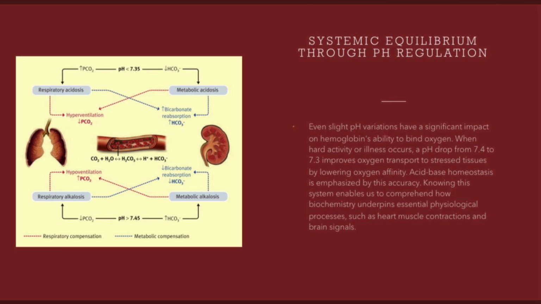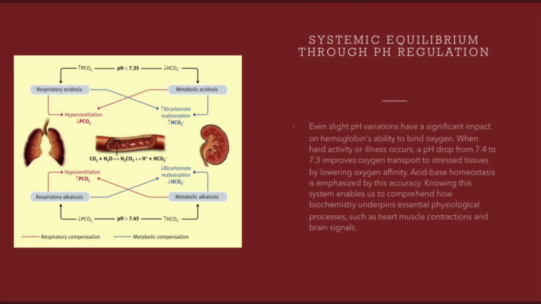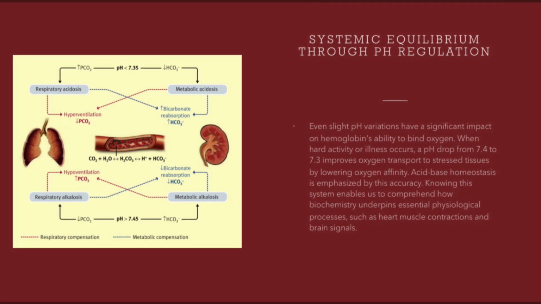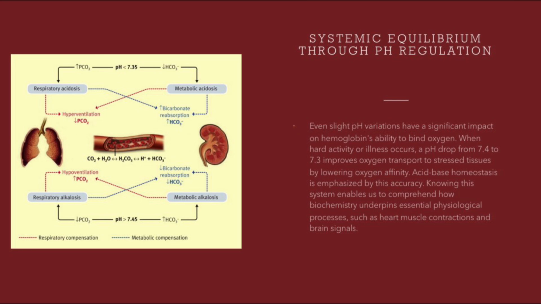Through pH regulation, changing from 7.4 to 7.3 may have a very significant impact. In order to maintain a pH level that is within a relatively narrow range, the body makes use of both its respiratory and metabolic systems, as seen on this slide. When you exercise, your body produces more carbon dioxide, which brings the pH level down.